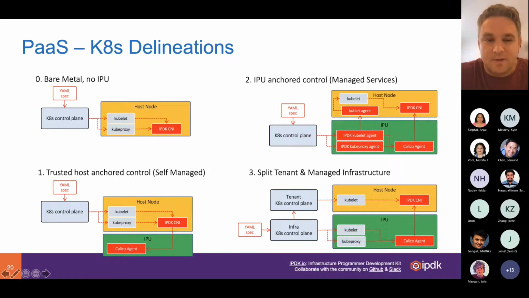And on the host node, we have a kubelet that will set up the containers, put them in the right place on that particular host, and then we have kube-proxy, which is going to set up all of the different virtual IP addresses and do the load balancing of all the microservices for that particular service that they're associated with. And then the CNI is going to be the interface to each of those containers, and it's also going to be the interface for setting up those services.